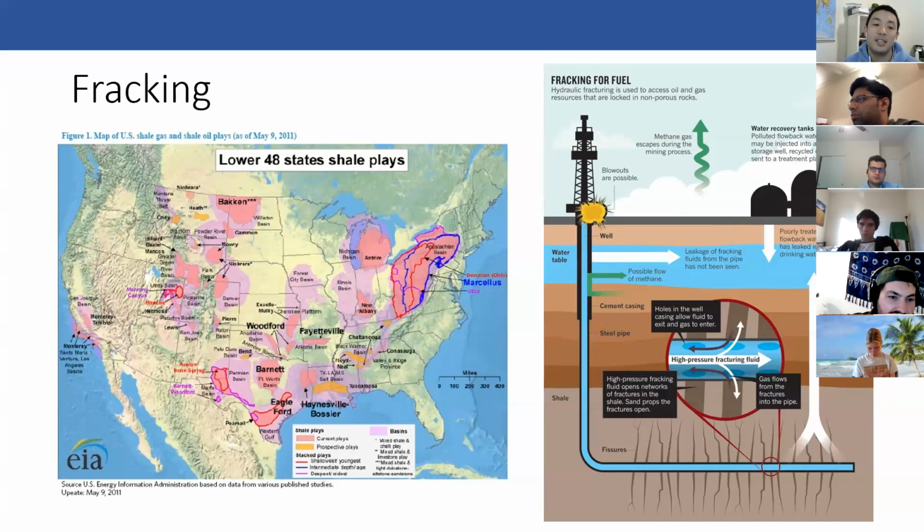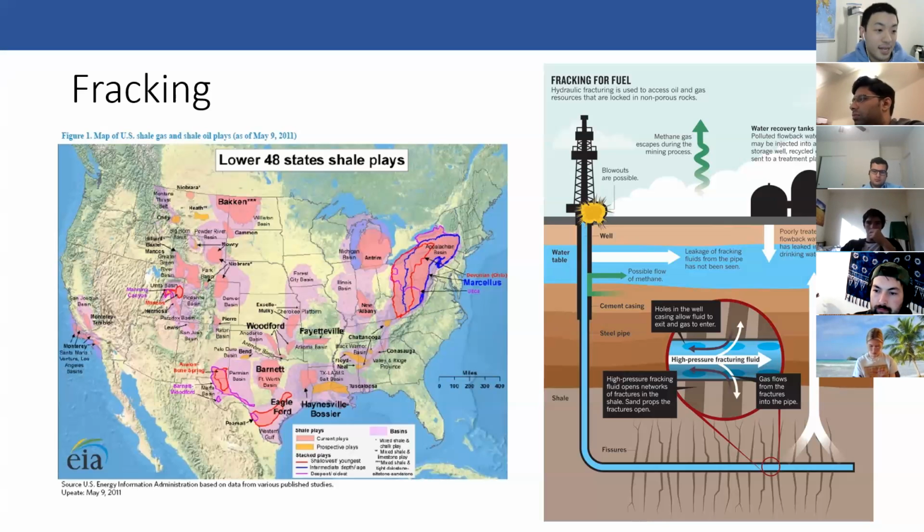You may have seen, and if not, you should YouTube this, videos of people who are able to light the water coming out of their faucets on fire. That's because the leaks into the water table lead to high concentrations of methane contained within the water. So it's actually like flammable water.